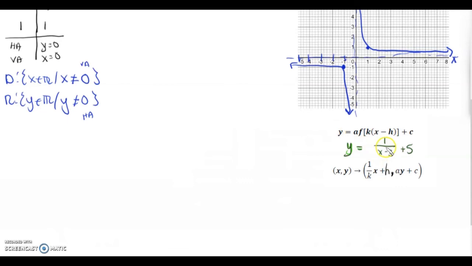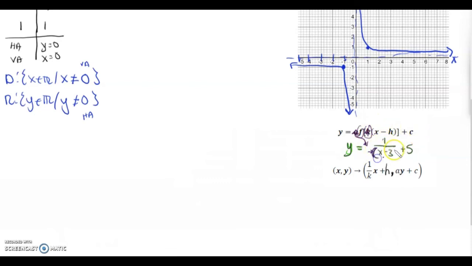So this is a 1 over x function. There's no a value in front, so don't worry about that. Now the function itself is 1 over x. There's nothing multiplied by the x, so don't worry about the k. We are going to focus on x minus h and then the plus c.